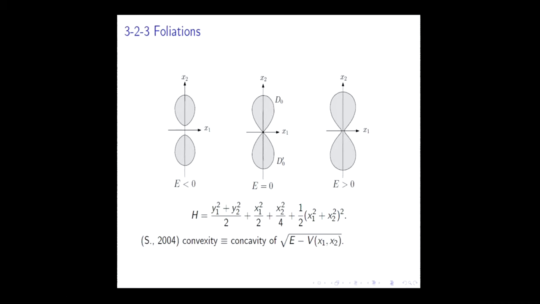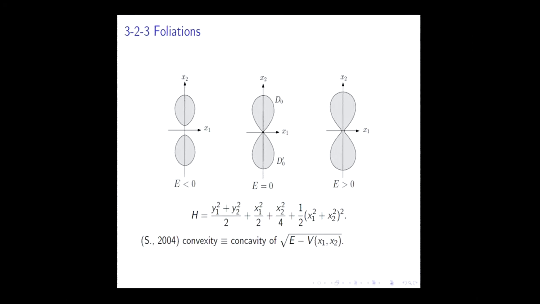In this example, the convexity is equivalent to the following. We have the projection in the position plane, x1, x2, of the energy level. And if we consider the function square root of E minus V, it is non-negative inside the projection.